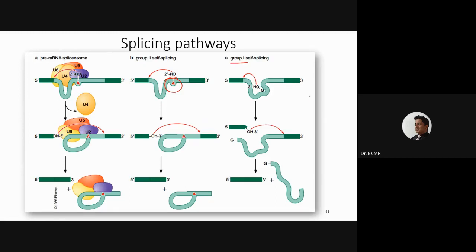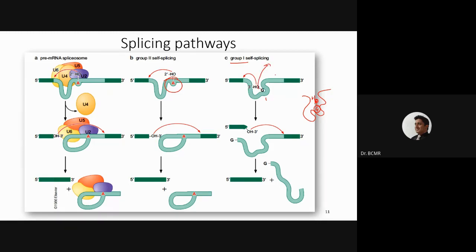Instead, the group 1 introns fold upon themselves and create a microenvironment where a guanine is present. This guanine nucleotide is a separate entity in the sense that it is not covalently bound to the intron. If you wash it, this guanine might just go off.